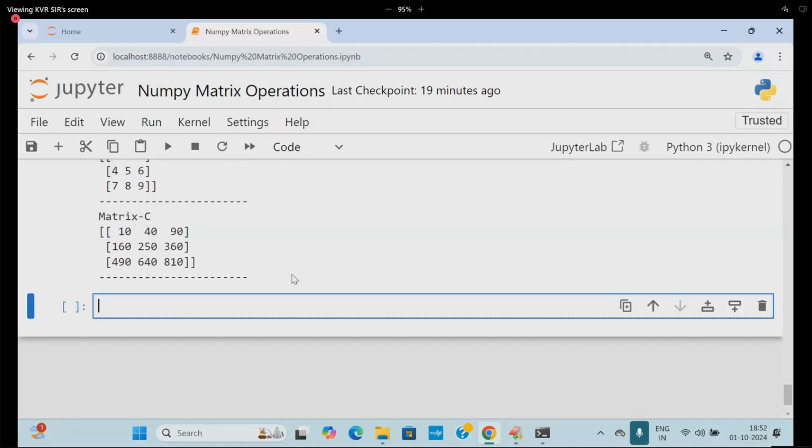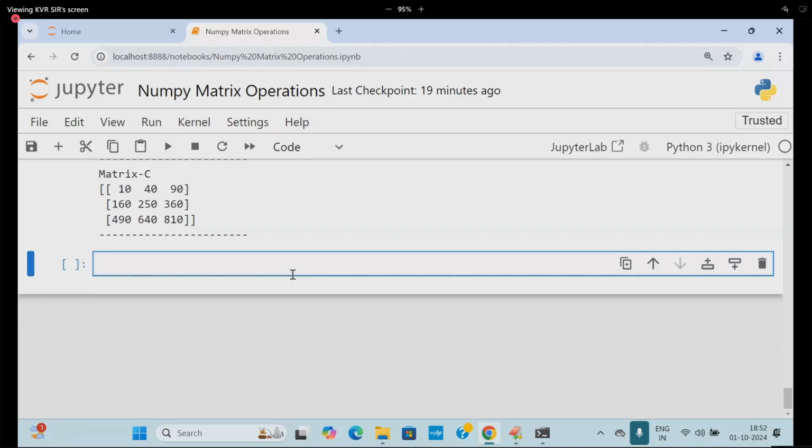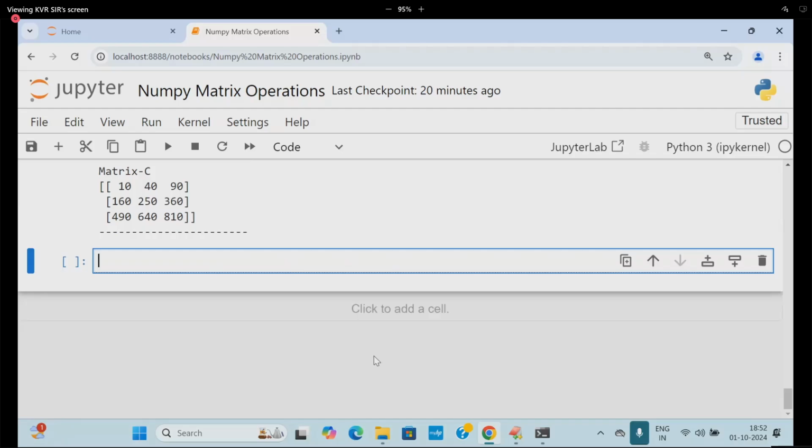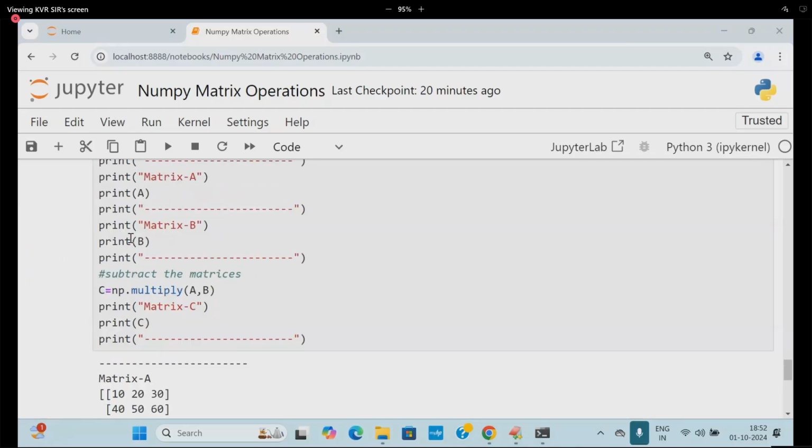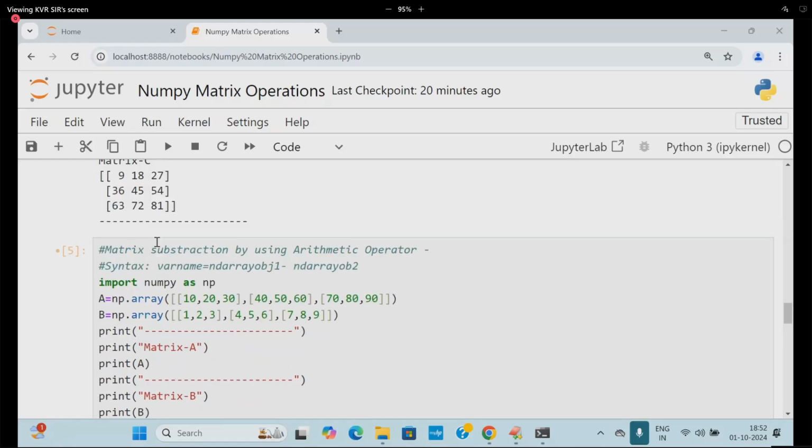But actual multiplication is different, like price per unit and the number of items sold. That is called actual multiplication. Understood? Fine. So, students, very carefully observe it. The same kind of thing I can do with the star operator also.